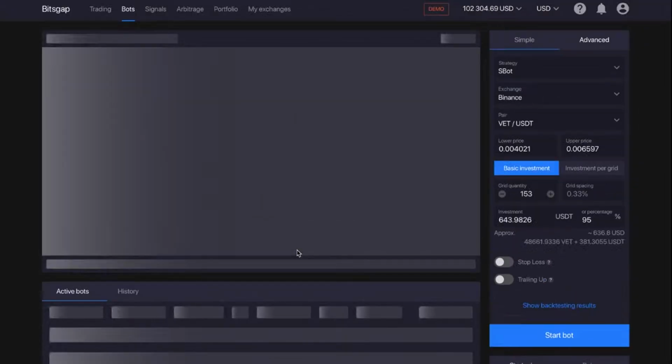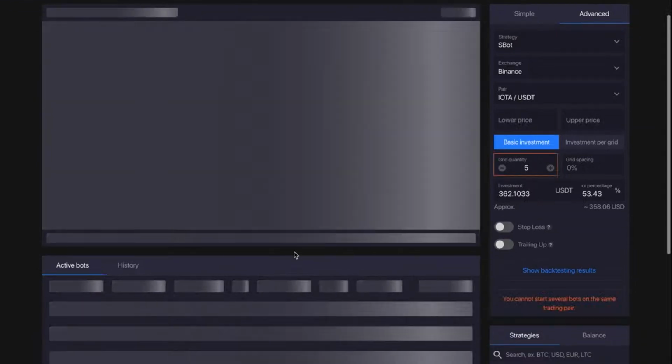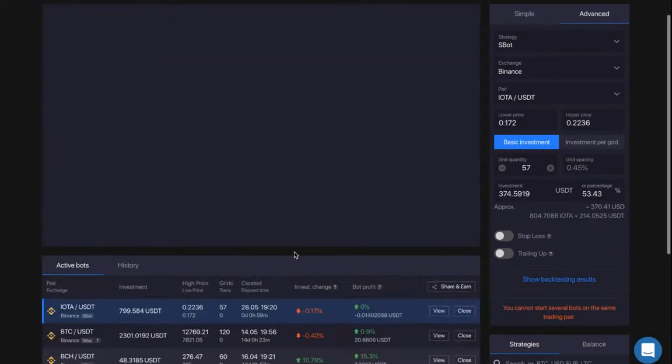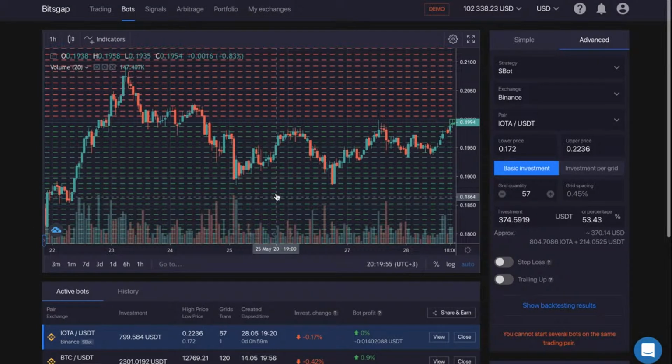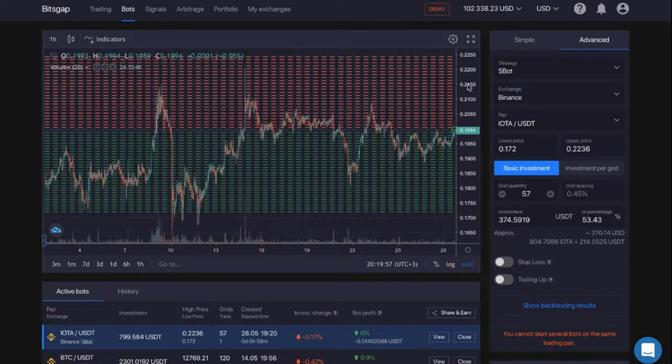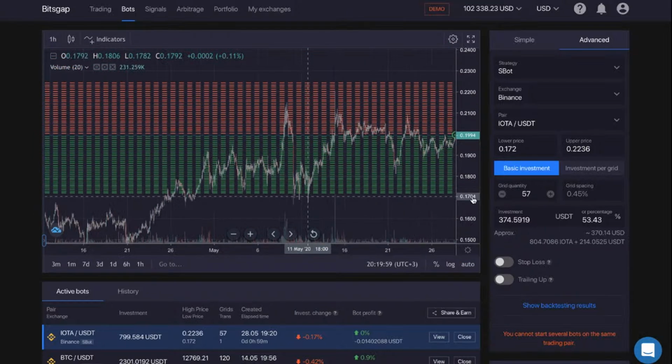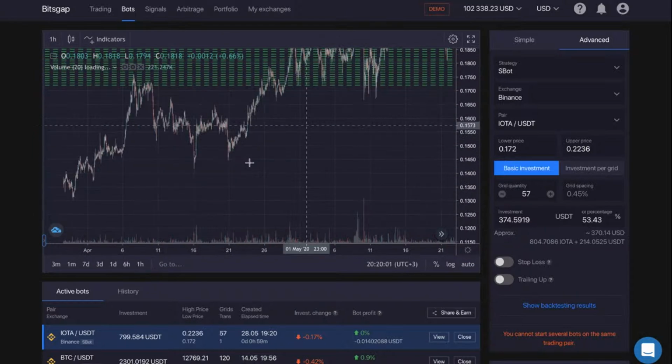That's the way for you to find the best configurations for your favorite cryptocurrency pairs. Depending on the current market conditions, strategies can vary significantly. So I'm going to show you an example.